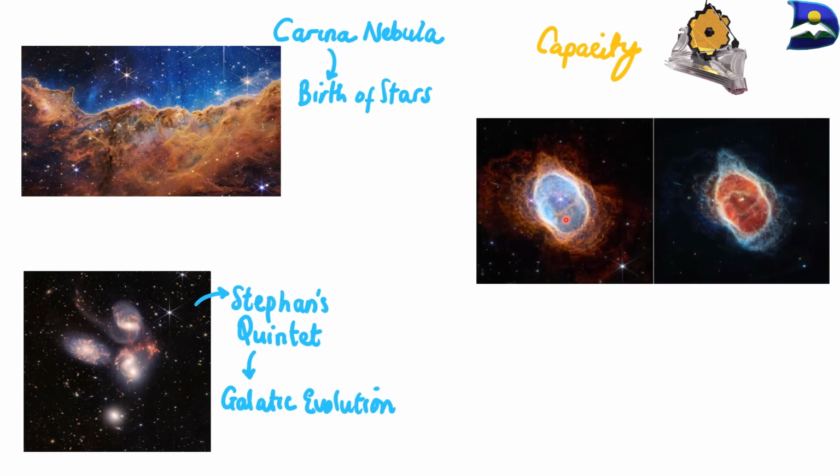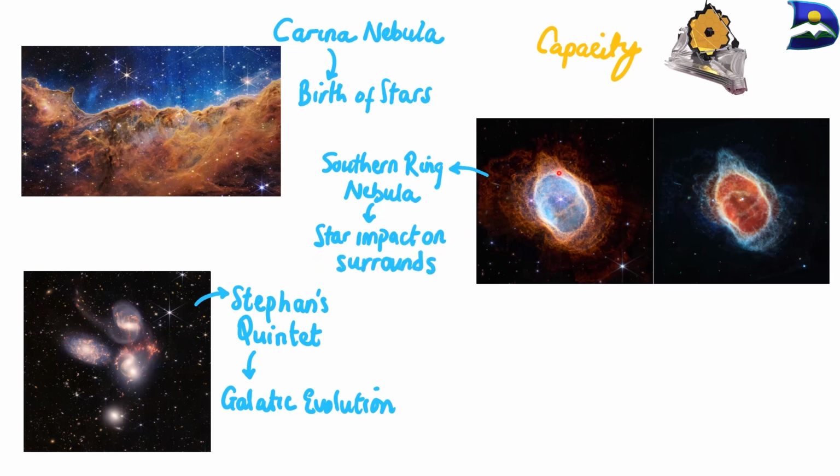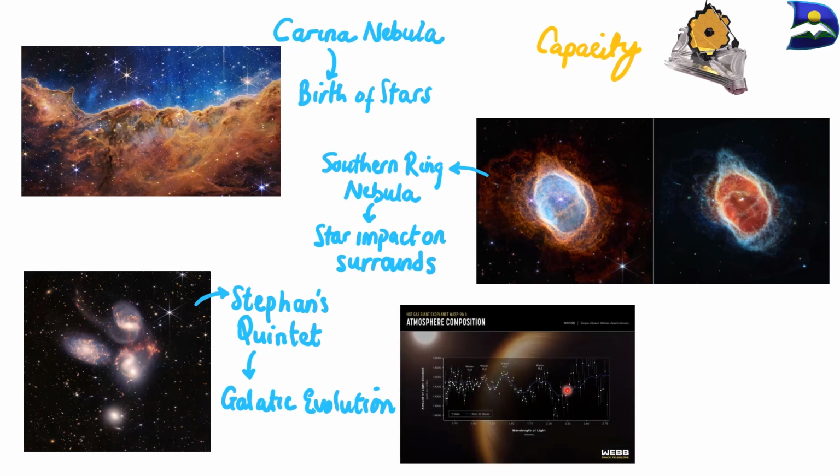The third one shows how a dying star, as shown in the Southern Ring Nebula, impacts its environment through the release of expanding gas clouds, and how that gas expansion influences the environment around it. And finally, we see how the composition of the atmosphere of an exoplanet can reveal the presence of water and raise the question about whether there is life on that planet.